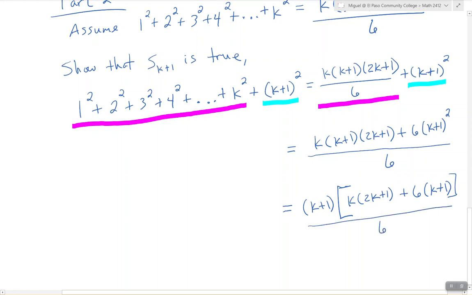Does that make sense so far? So k plus 1, we can take one of them out. K plus 1 times this and this gives me this part. And then over here, it's 2 of them, right? So k plus 1 times k plus 1 gives me k plus 1 squared. And of course, the 6 just goes along.